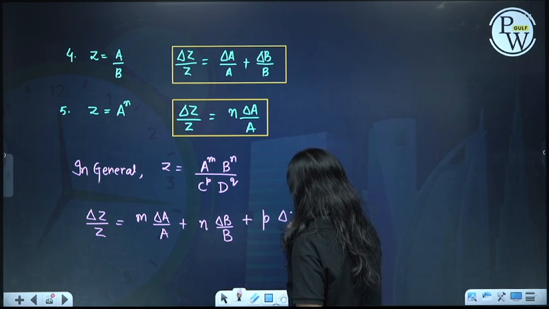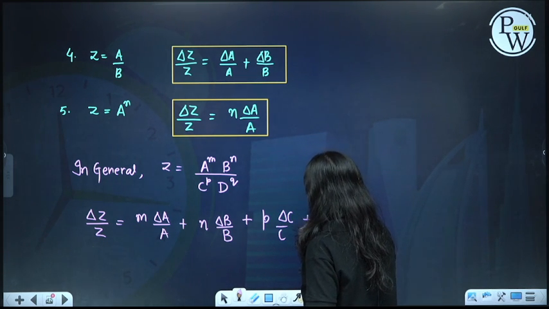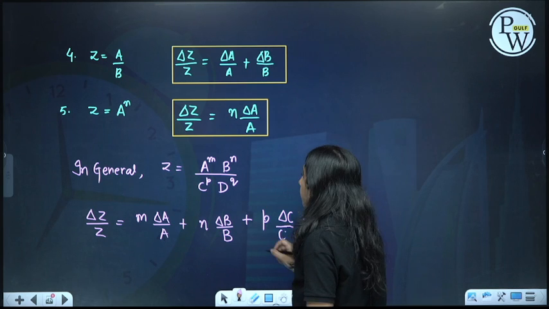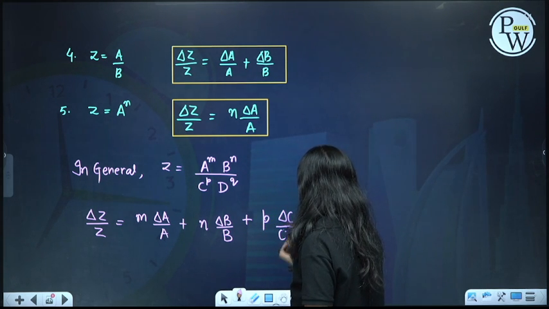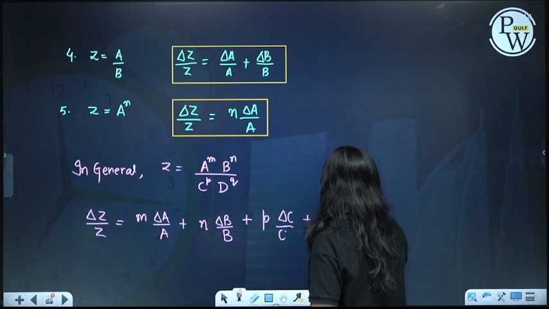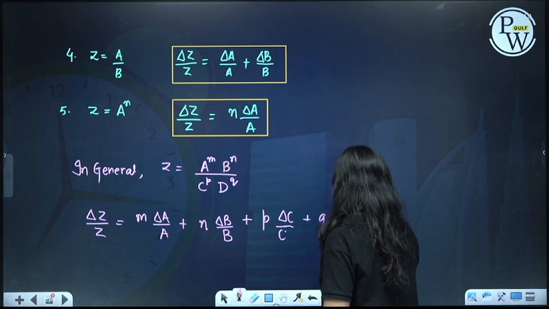P times delta C by C plus, what is the power of D? Q. So Q will come forward, Q times delta D by D.